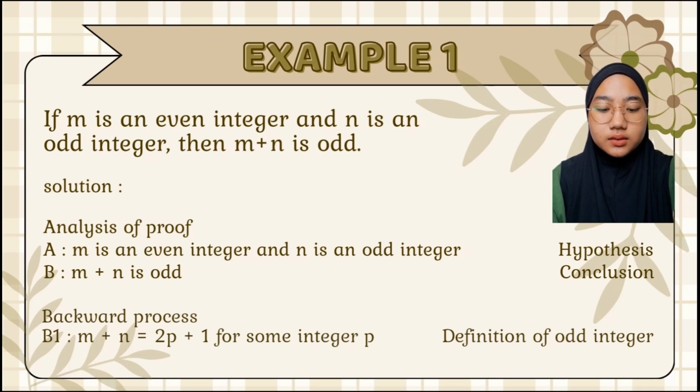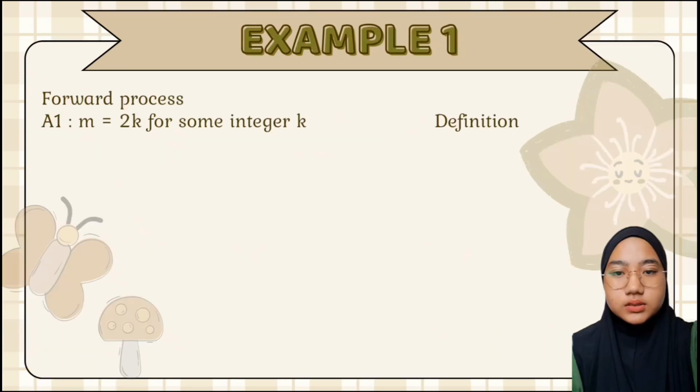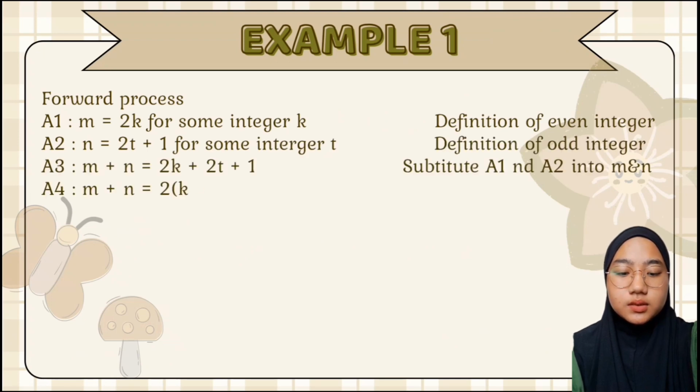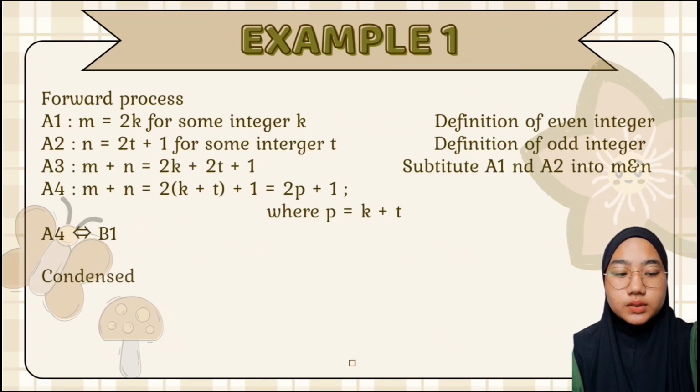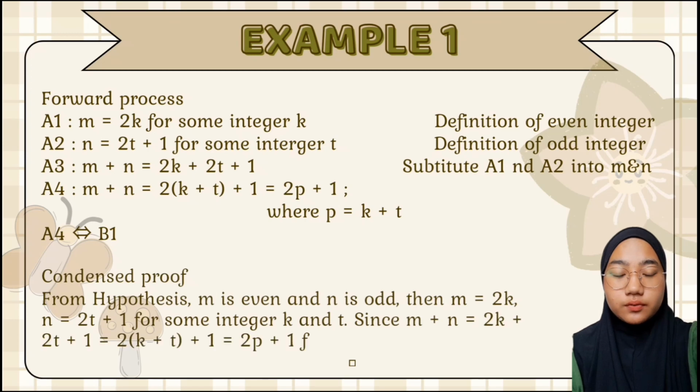Next we will do backward process, which is from the conclusion, then we get B1: m plus n equal to 2p plus 1 for some integer p, which is 2p plus 1 is the definition of odd integer, because m plus n in the question is odd, so we need to use the definition of odd integer. Next we do forward process, which is we take it from the hypothesis that we did in analysis of proof.